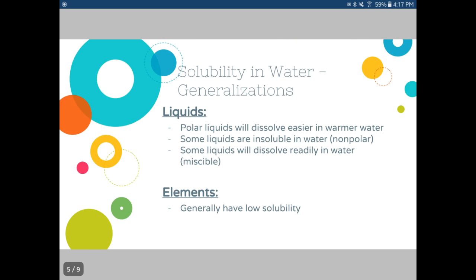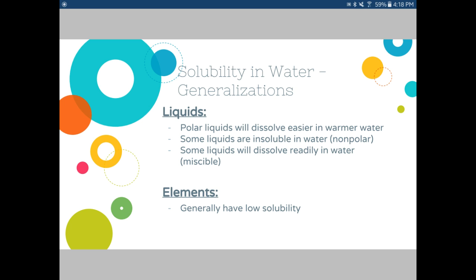Liquids are kind of a tricky thing to generalize because we can have polar liquids and non-polar liquids. Now, polar liquids dissolve in water, and essentially if you have warmer water, polar liquids will dissolve better in warmer or hot water. Okay, we also have insoluble liquids that are non-polar.